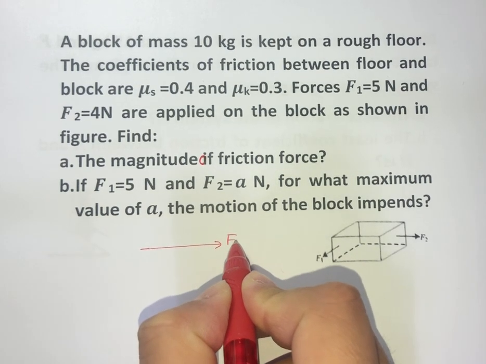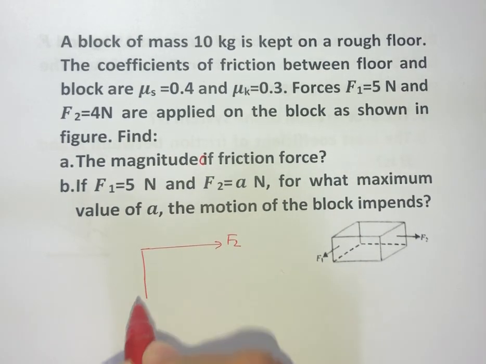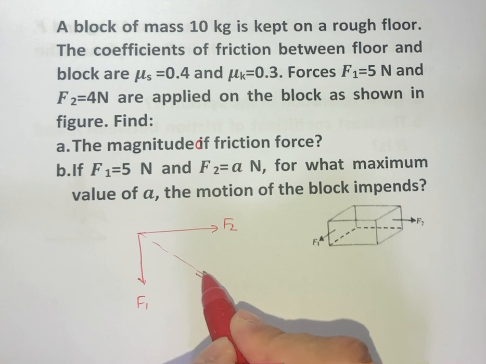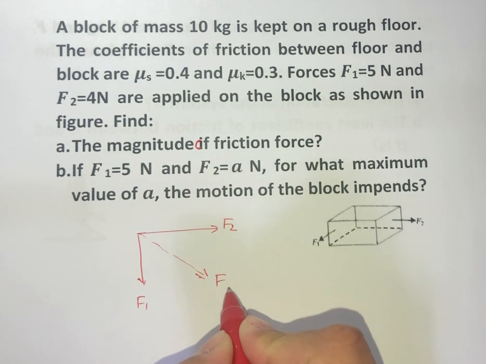So this will be F2 and we have F1. So the net force which will be acting will be somewhere here. Let us call this F net.